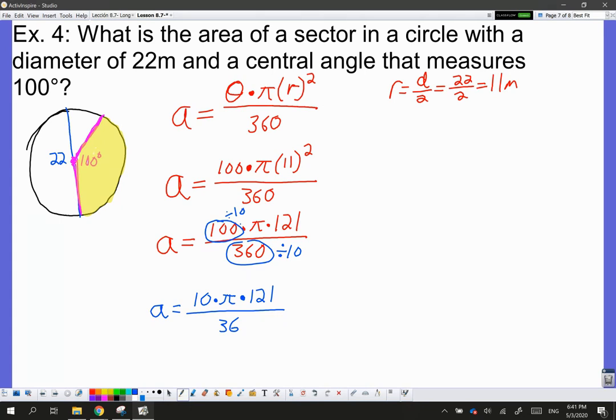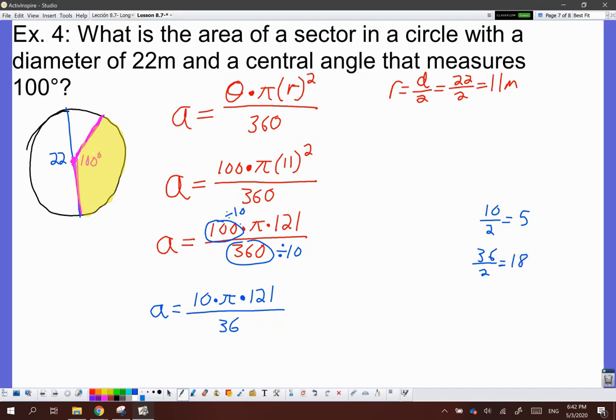Now I can still see factors between them. And if you're not sure, remember, you can always put it in the calculator, plug in something, 10 divided by something, see if it works out, then divide 36 by that same something to see if that works out. For example, if I have 10 divided by 2, I know that's 5. So if I try 36 divided by 2, that gives me 18.